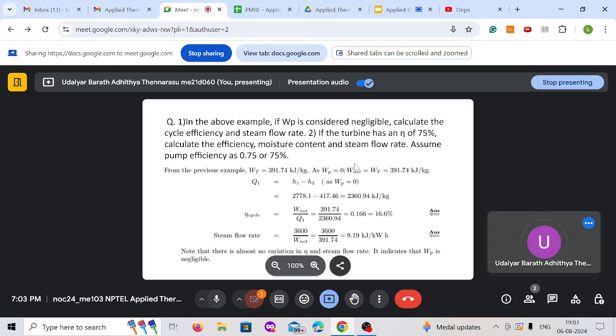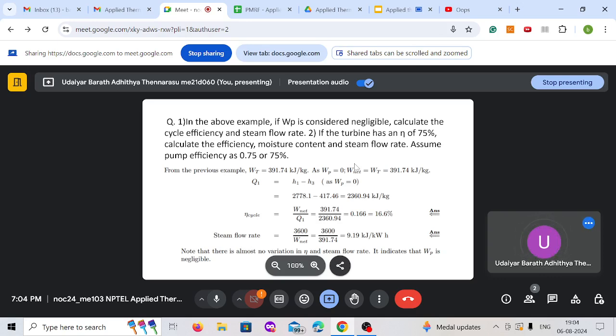We will see. From the previous problem, we have calculated the turbine work as 391.74 kilojoule per kg. Now they are saying that my pump work is 0. So my net work output is nothing but the total work generated in the turbine.